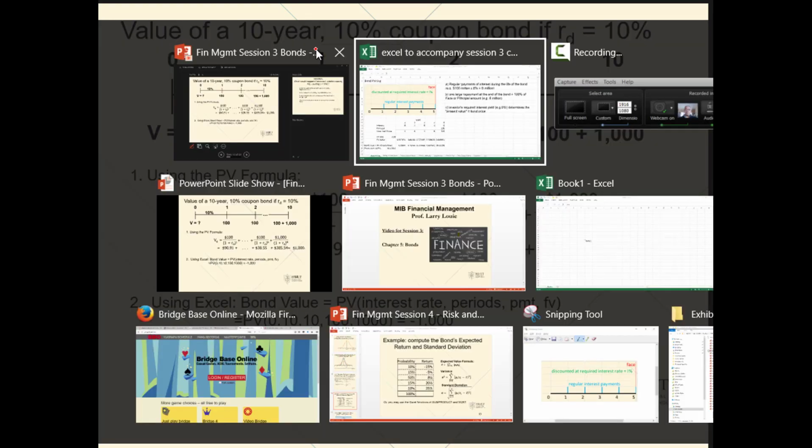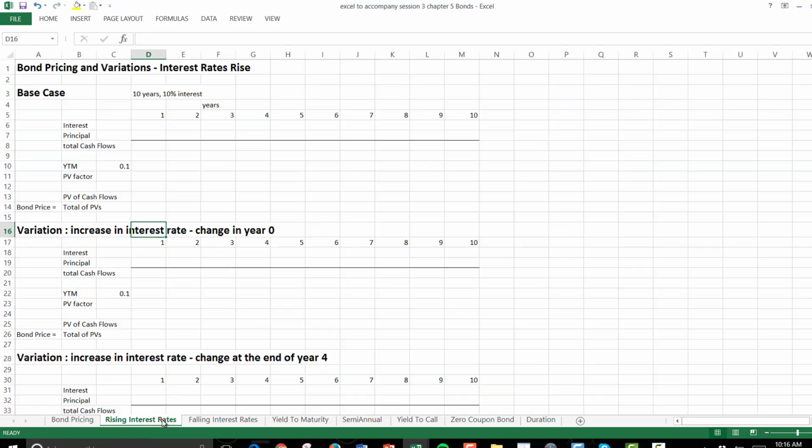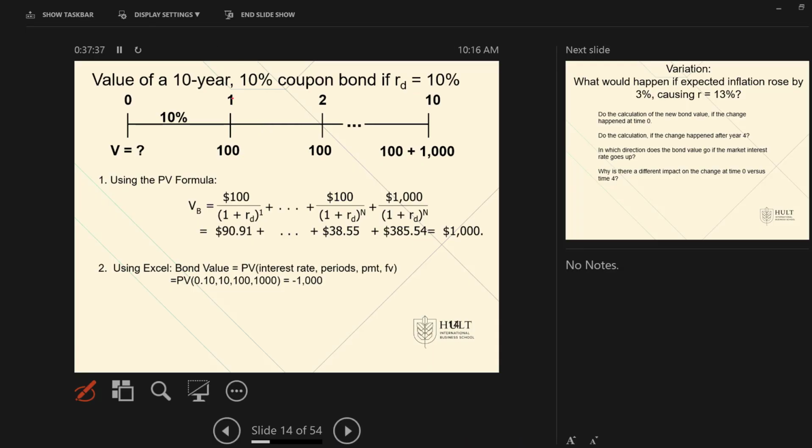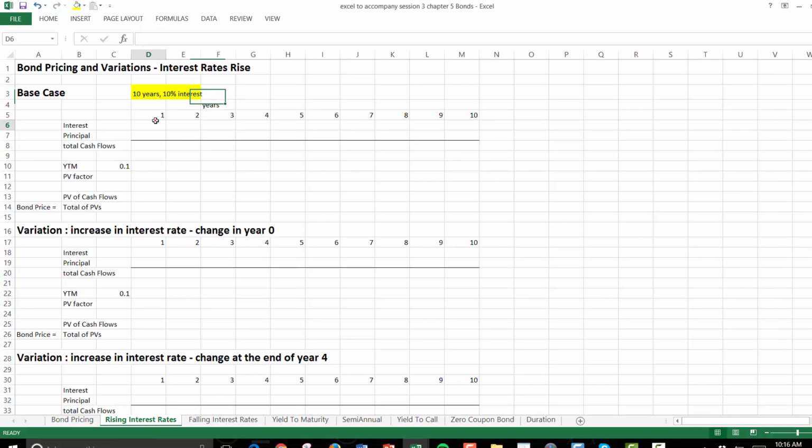So I'm going to hop into Excel, and we're going to do interest rates. So here, I'll just highlight it. It's 10%, 10 years on a loan. The face amount is $1,000. Okay. The interest rate, I'll just write that here. Face equals $1,000. All right. Interest.